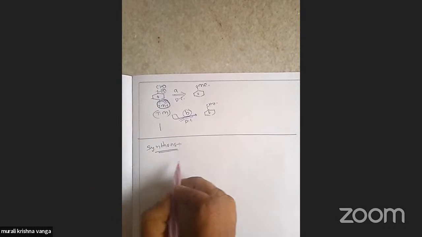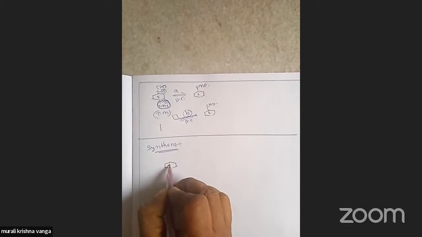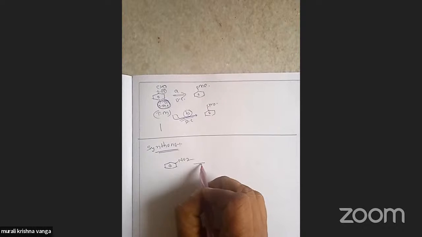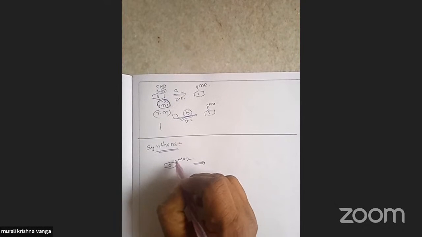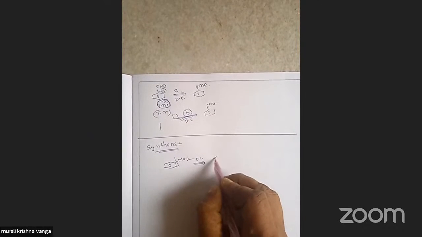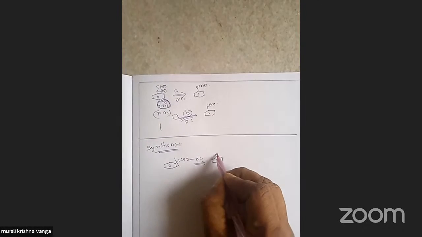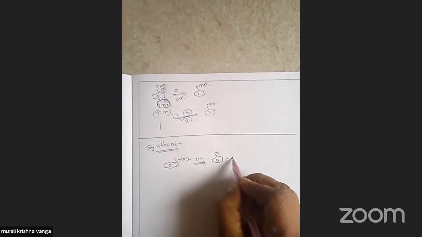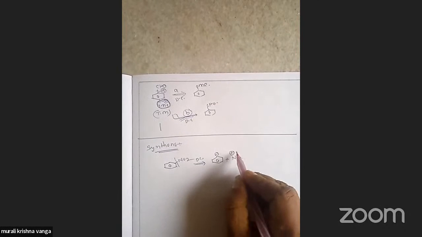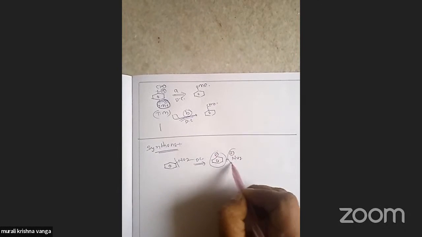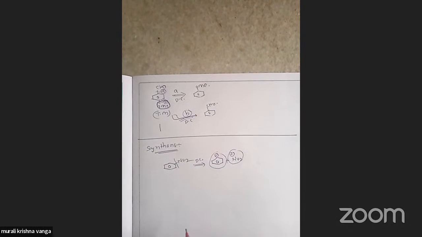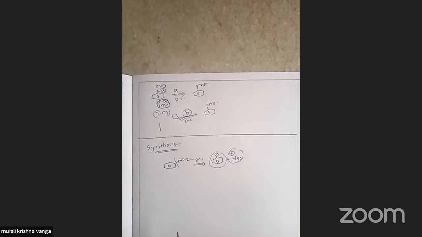Here I have taken nitrobenzene. In this nitrobenzene, the nitrogen and benzene carbon bond undergoes disconnection. If this bond is disconnected, it gives a benzene negative charge and NO2 plus. These are called synthons: idealized charged fragments obtained in disconnection of covalent bonds in a target molecule.